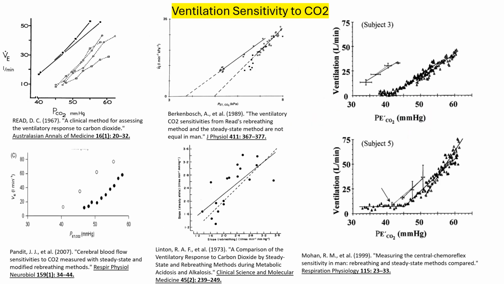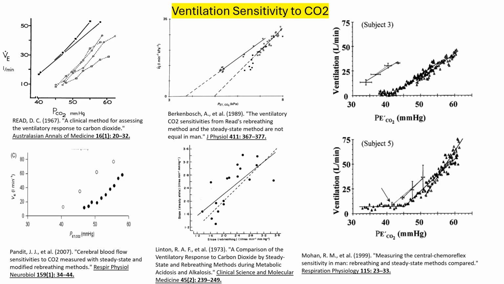Here are experiments comparing the ventilatory sensitivities or slopes using both steady-state and rebreathing methods of measurement. Birkenbosch and colleagues in 1989, shown in the upper center graph, undertook the first systematic study of the problem since Reed's original study, which is shown in the upper left.